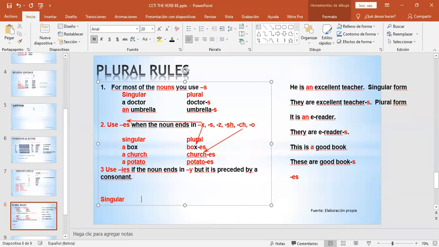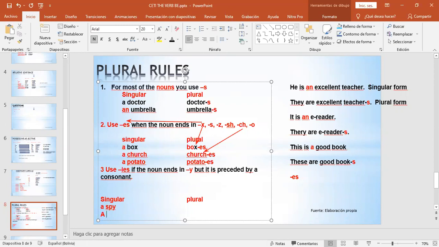Singular and plural. Boy, no. Toy, no. It's not preceded by a consonant. I'm crazy. Sorry, this is spy. What does a spy mean? A spy. Another example I have is family.